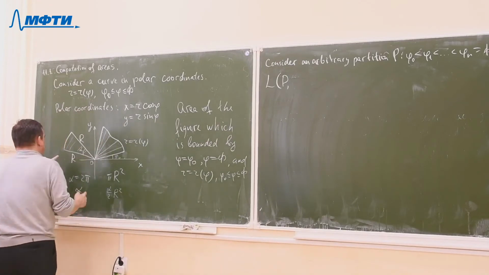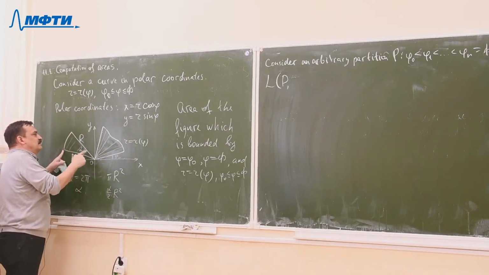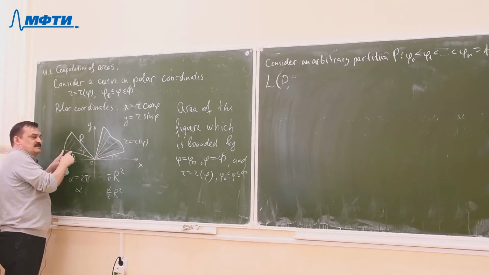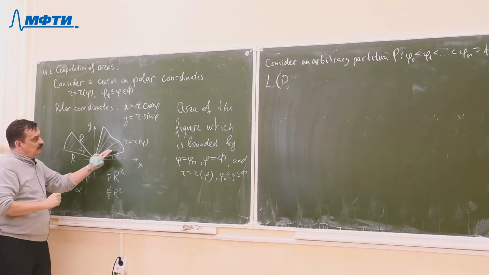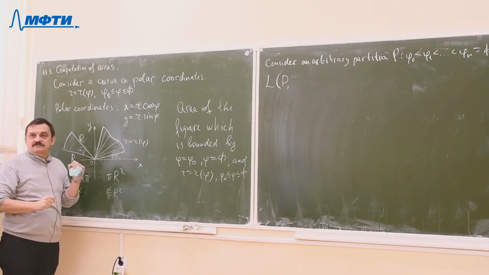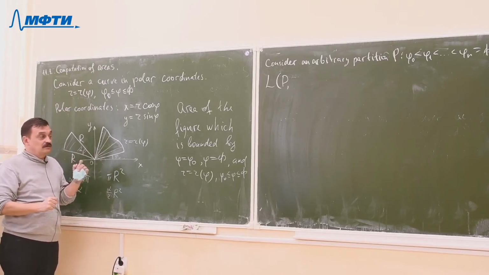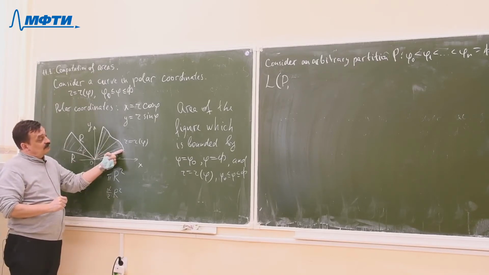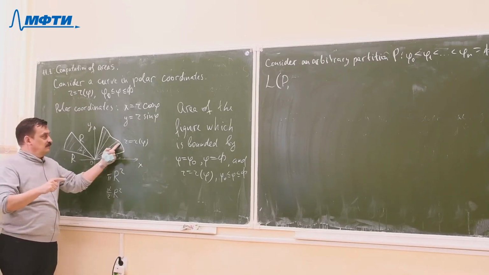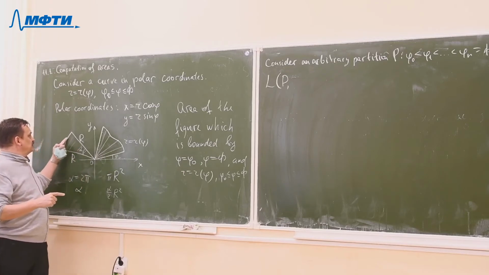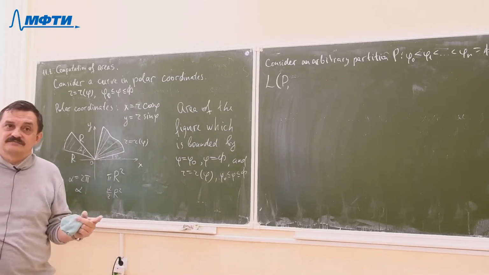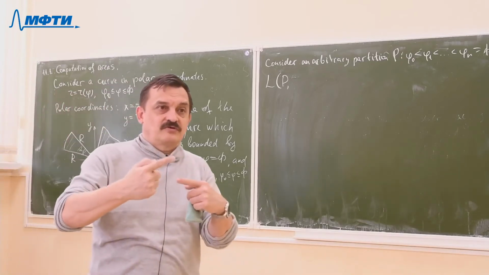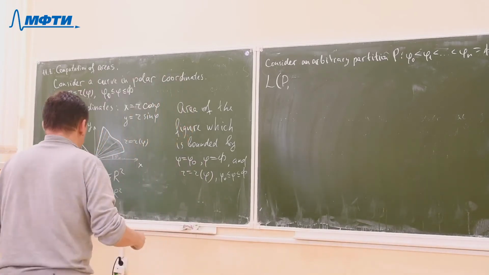So the simplest figure, as I said, is such a sector. Now, here we have no sectors in general. The boundary of our figure does not have a constant distance from the origin.